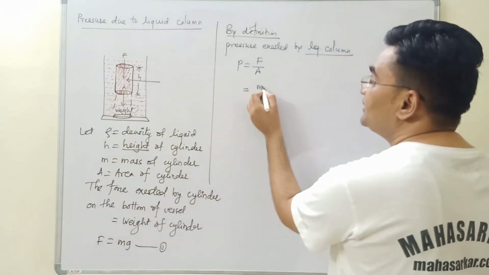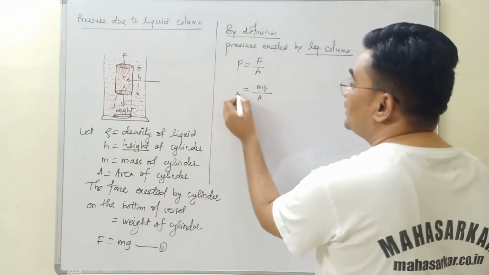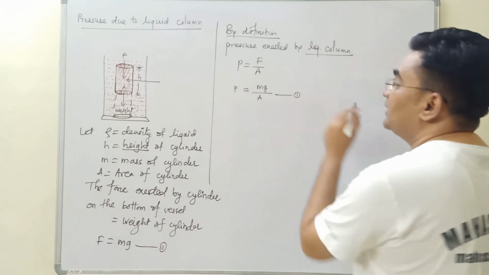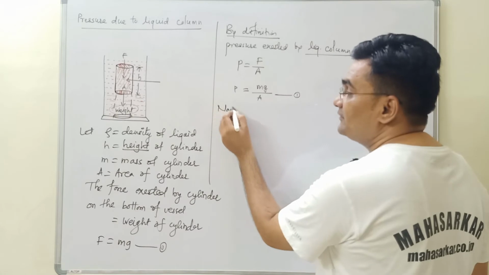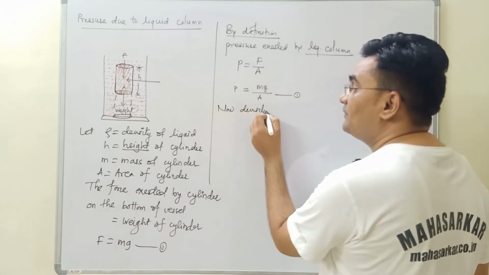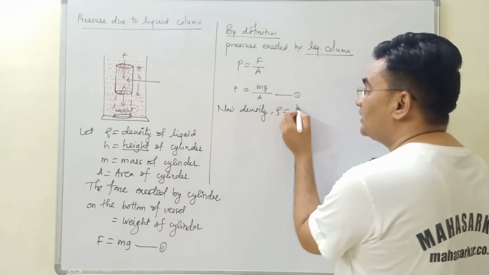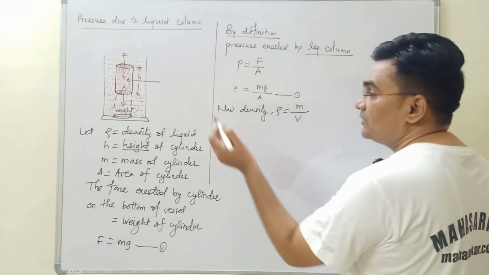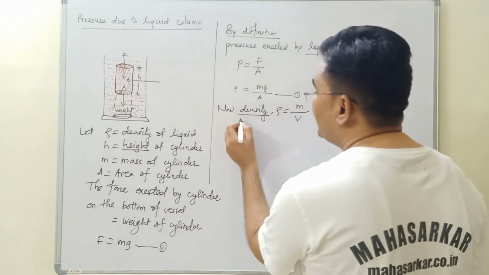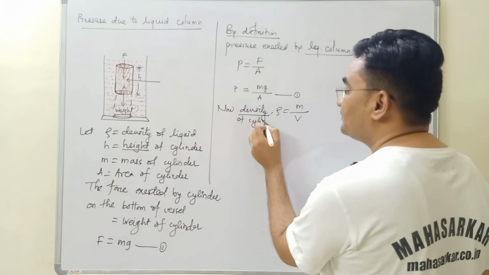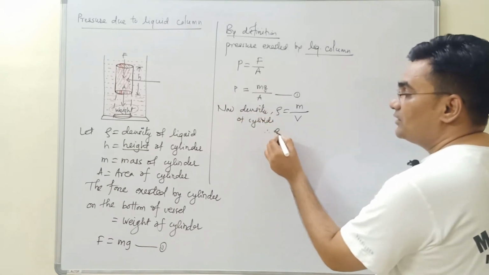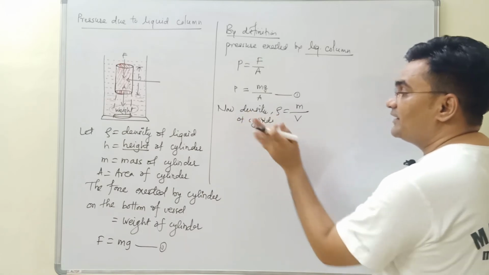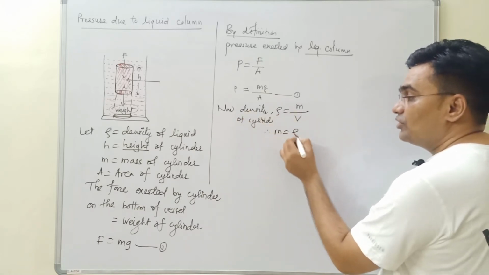Force is mg upon area. Let this be equation number 1. Now, what is the basic definition for density? Density of liquid is nothing but mass upon volume of that cylinder. The density of the liquid and the density of the cylinder are the same. So according to this formula, we get mass equal to rho into V.